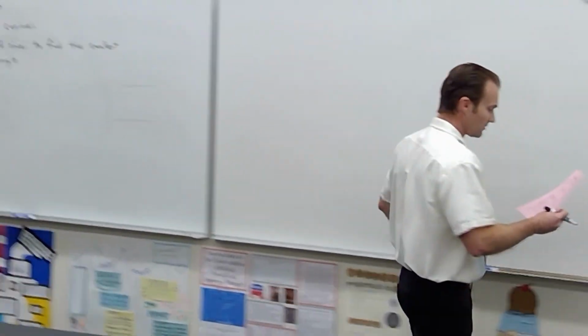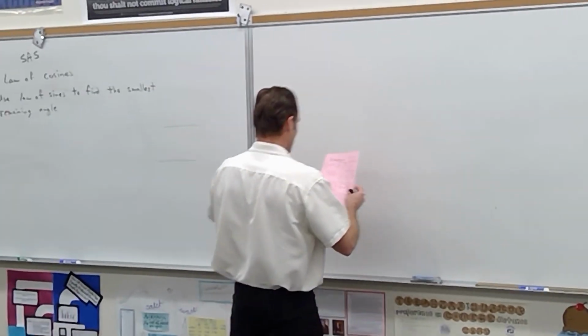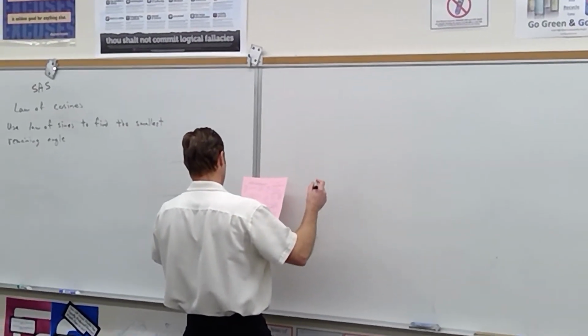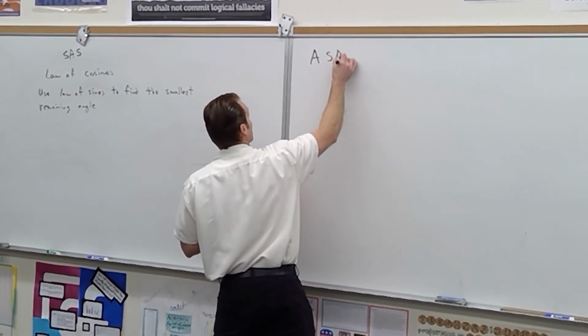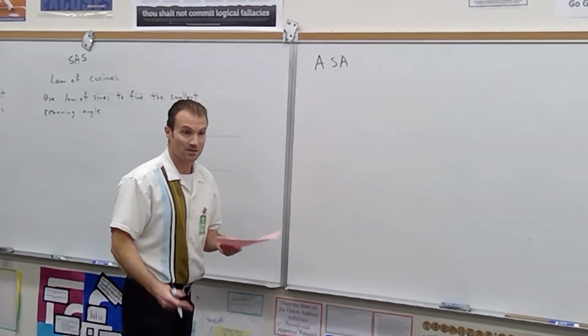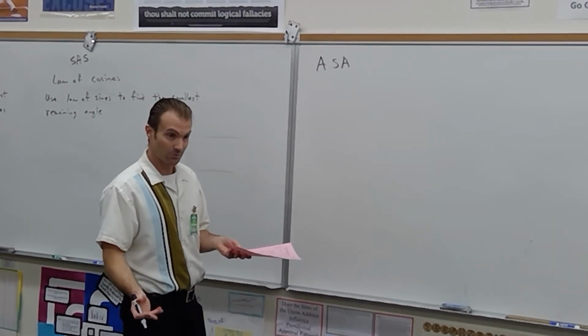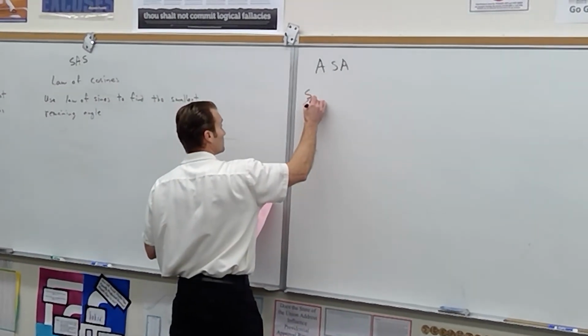All right, next triangle type. We've got angle, side, angle. On this guy, step one is find that third angle, right? Subtract from 180 to find the third angle.